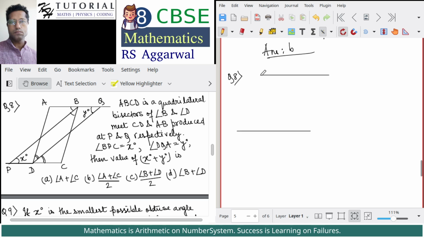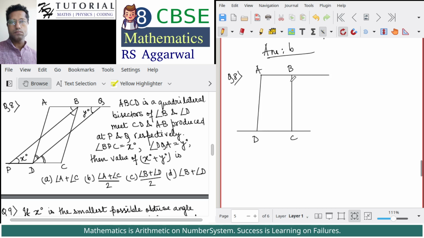So let's say this is AB. I don't know what kind of quadrilateral ABCD is. Anyway, ABCD is a quadrilateral. Fine.